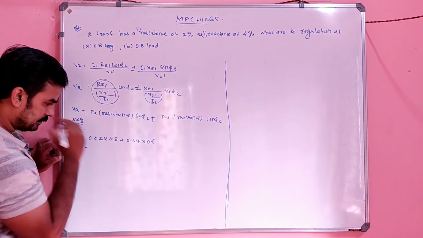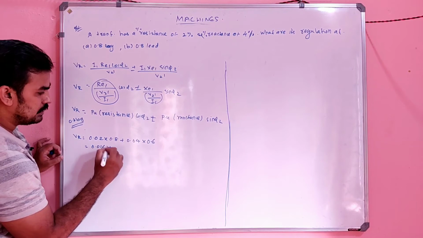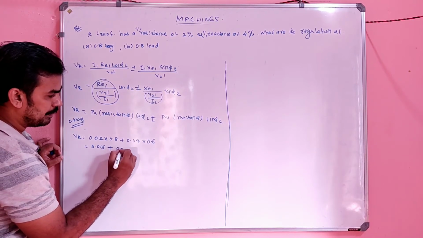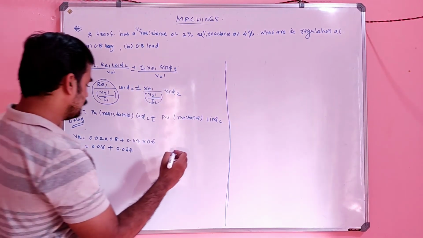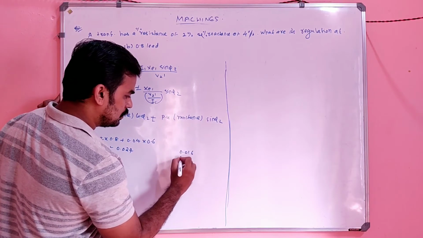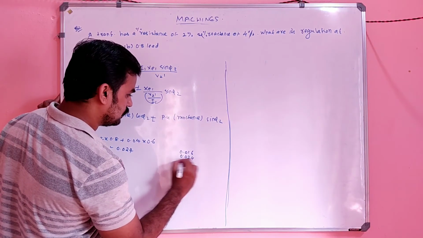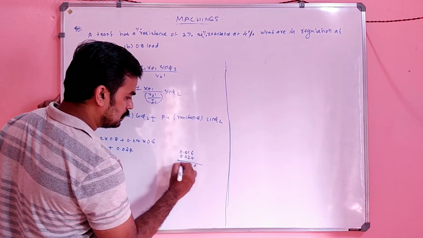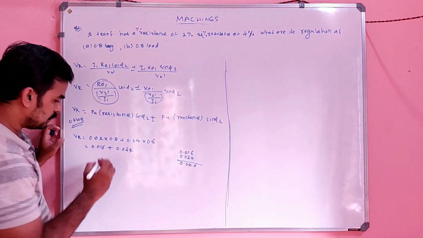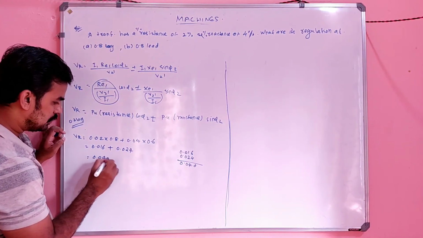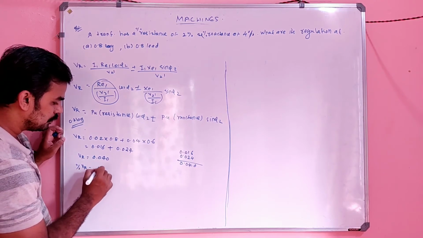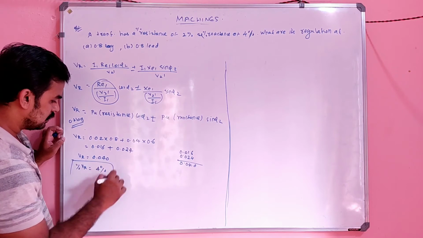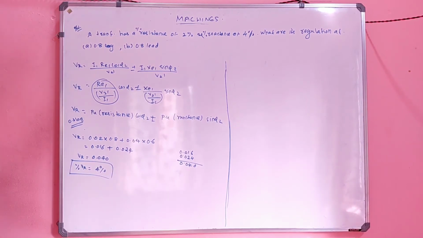Simply it will become 0.016 plus 0.024, which is 0.040. Am I right? So percentage VR will be equal to 4%. That is the answer.